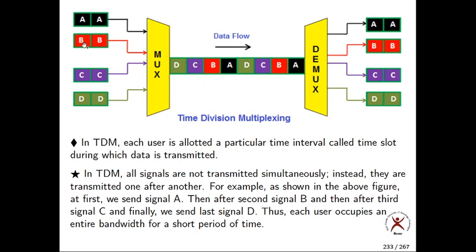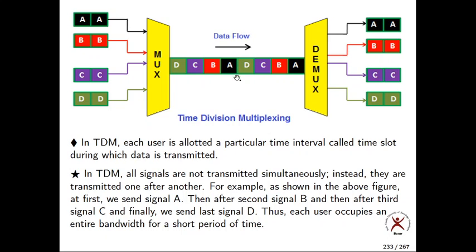Next, the second time slot is given to user 2. He will transmit his symbol B. Next, the third time slot is given to user 3. He will transmit his symbol C. Next, D. So we got a symbol from each and every user. Now again we repeat the same thing. Next, A from user 1, next, B from user 2, and so on.